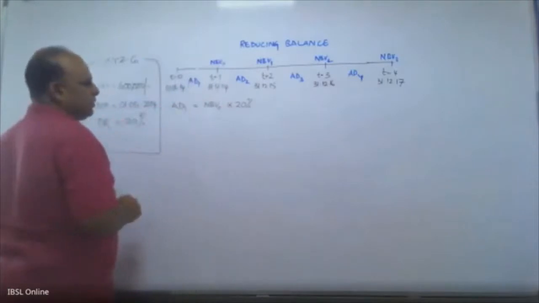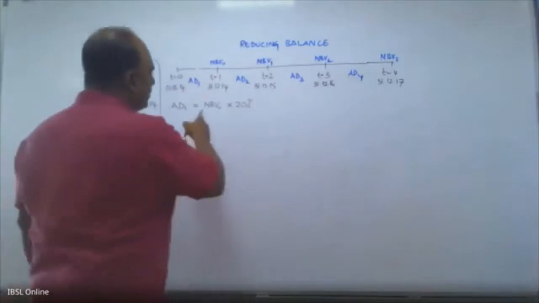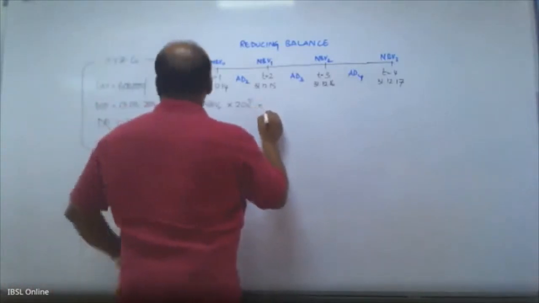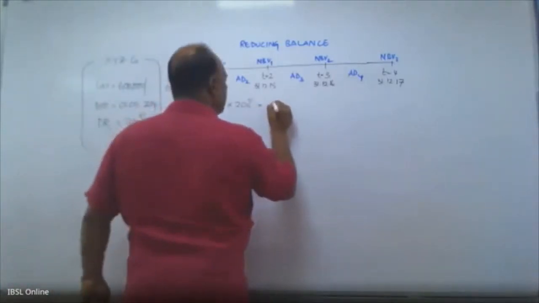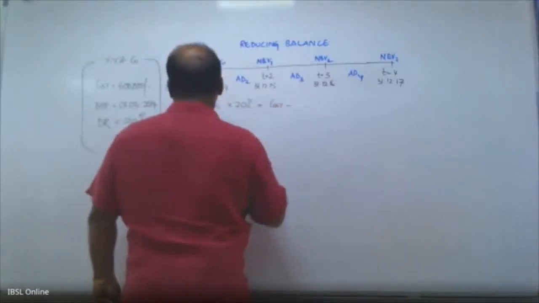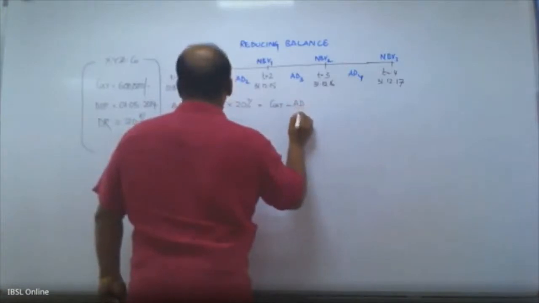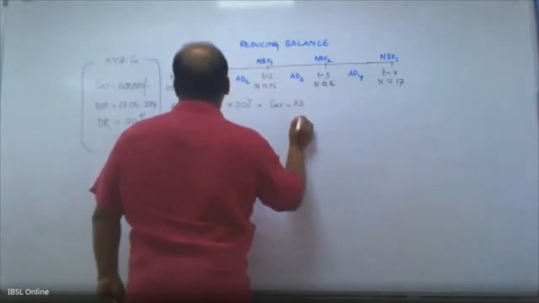Okay. So when I take that net book value, that is cost minus accumulated depreciation. It will be confusing, right?